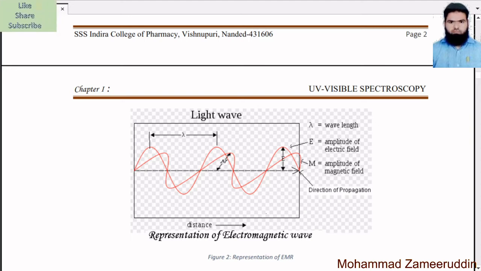As the radiation travels along the axis, these two vectors are perpendicular to each other and work simultaneously. This black line indicates the direction of propagation, the red one is the electric field, and perpendicular to it there is a magnetic field. It means that all electromagnetic radiations have two properties, electric and magnetic.